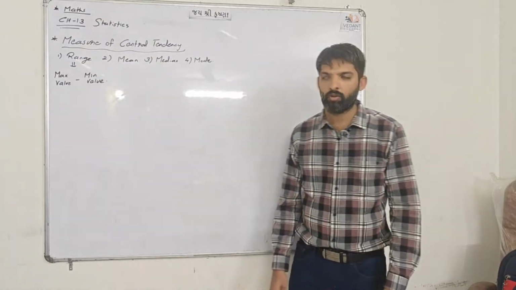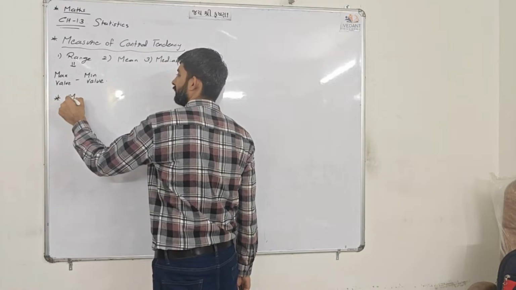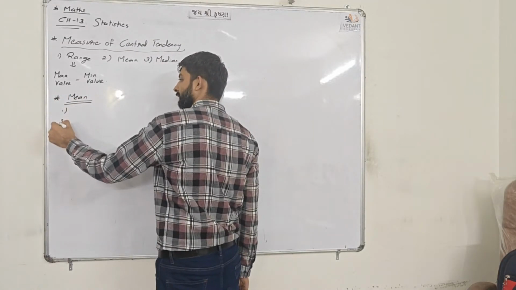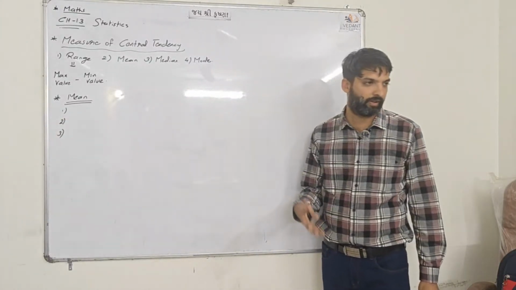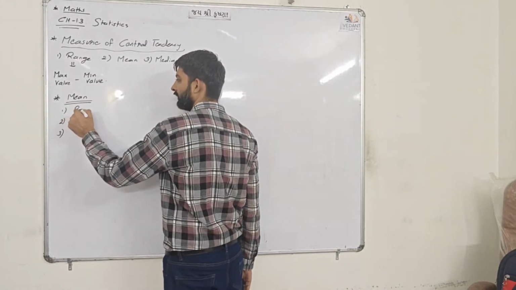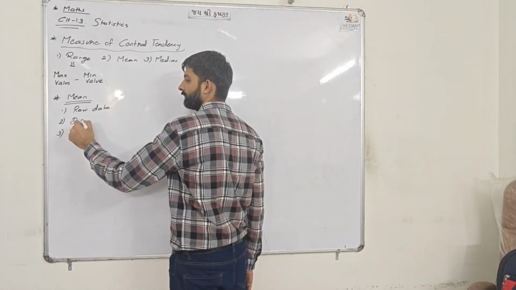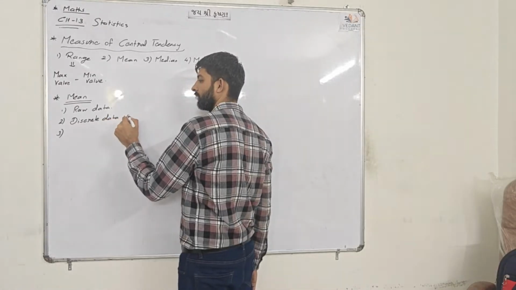Simple. Now, if we talk about mean, there are three different methods, or you can say three different ways to find out the mean. In that, first is raw data. Second is discrete data with frequency.